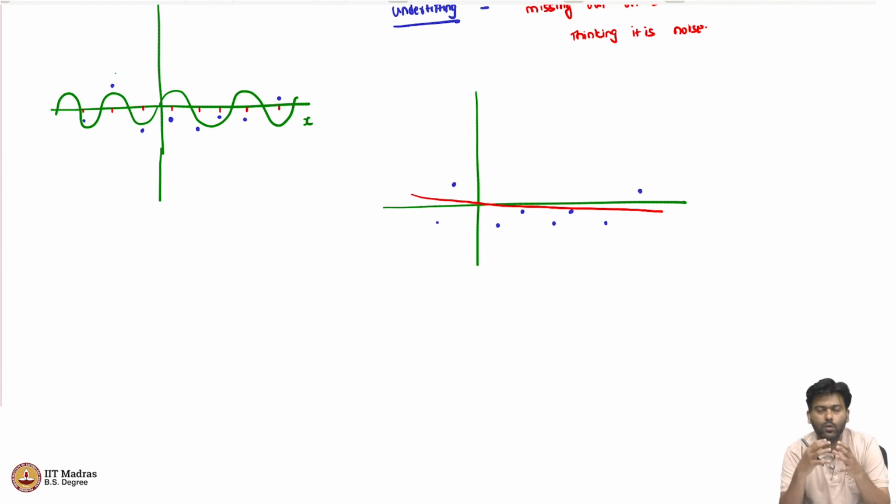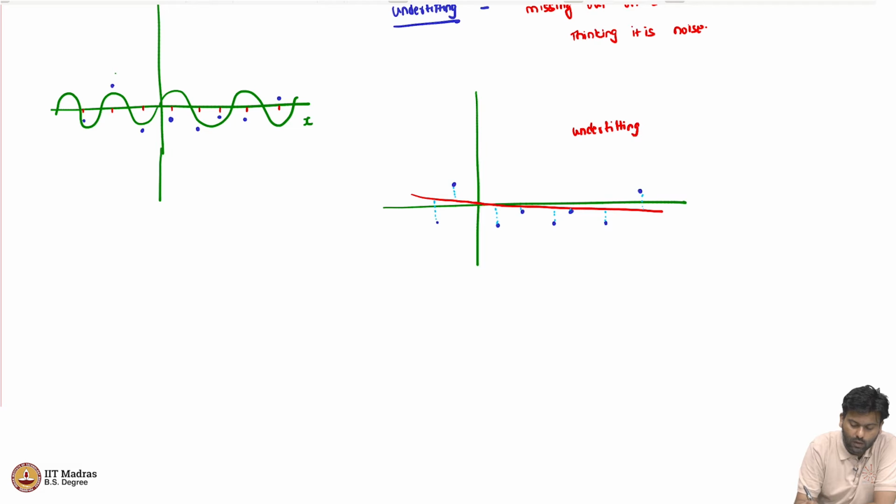So we are thinking of what is actually structure as noise. The moment I say it's a linear structure, I am thinking of all these bits as noise. But they are not really noise. There is some structure in this noise as well, which we are missing out. This is a case where underfitting happens.